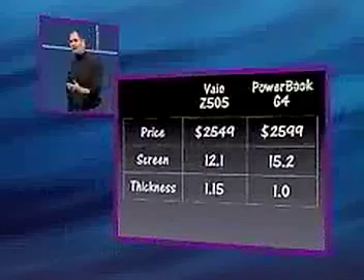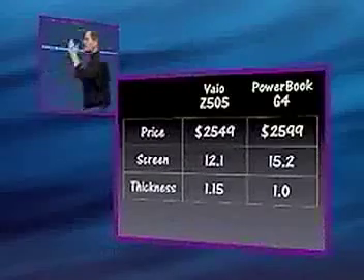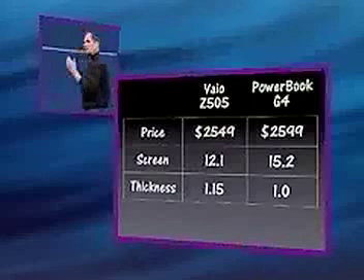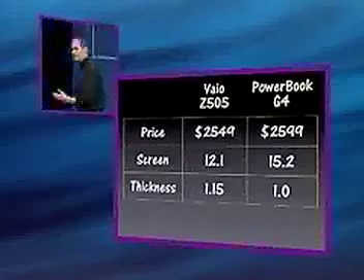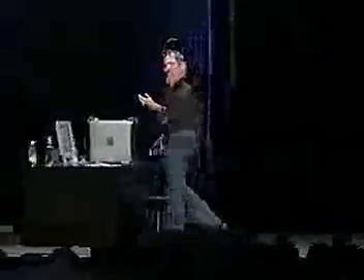No, there is not. The new PowerBook G4 is thinner than the Vaio sub-notebook. Unbelievable. They are 15% thicker than the new PowerBook G4, at 1.15 inches thick for the Vaio.